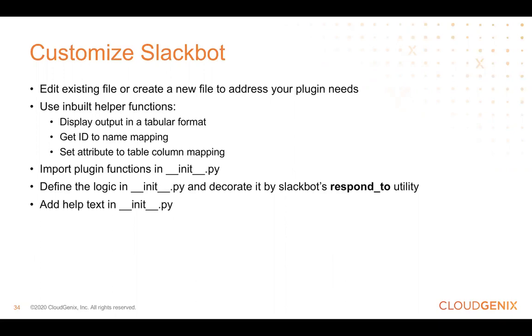That makes sure that any time you enter the command on Slack, that is the function that will be called, and that's the logic that will follow. And finally, make sure you edit the help text so that everybody else in your organization who plans to use Slackbot knows that there are additional plugins added that they can use. So let's explore how we can add this customization.